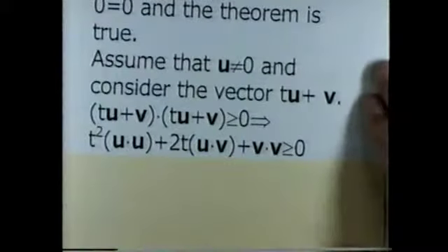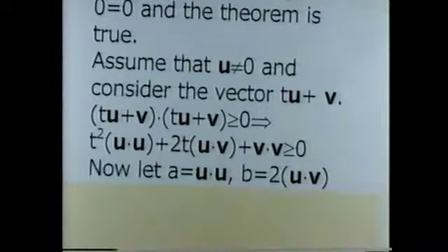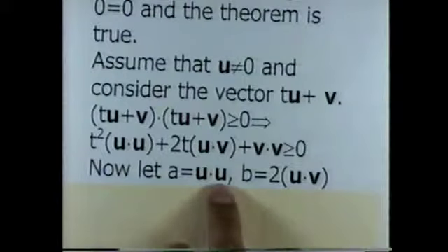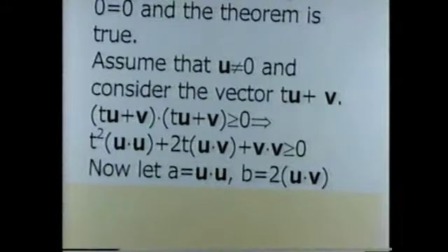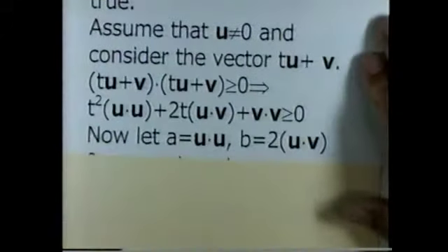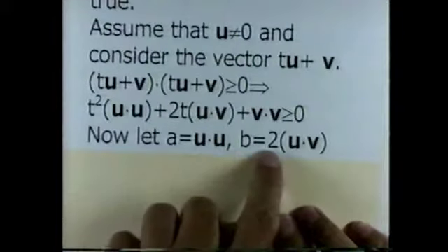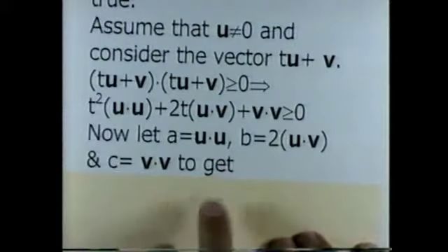Now that's pretty straightforward. A lot of us would have thought to do that. Now we'll let a equal u dot u and let b equal 2 u dot v. Now not many of us would think of making this substitution. And let c be v dot v.